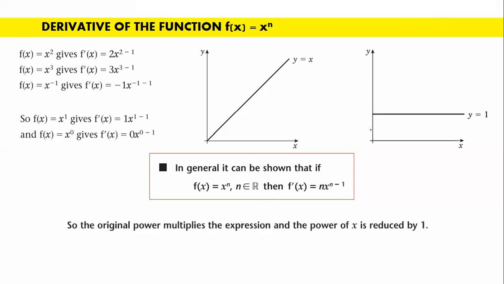In words, the original power multiplies the expression, and then the power of x is reduced by 1. This step is very important to remember. So that's how we obtain the derivative function of a function of x to the power n.